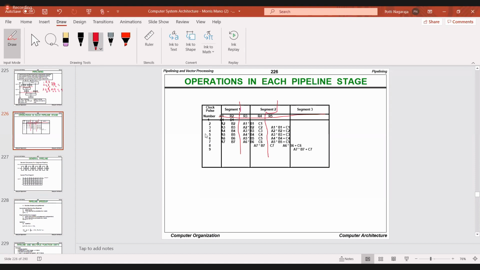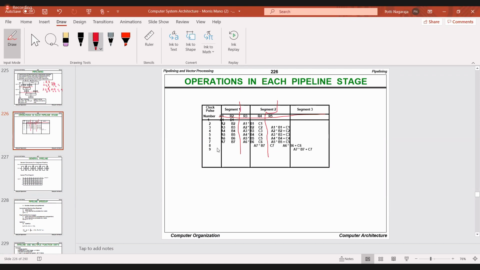Then for the fourth clock pulse, everyone take paper and do it, it will be understood automatically. Fourth clock pulse has A4 B4, and here A3 B3 C3, and you will get A2 into B2 plus C2. Then fifth has A5 B5, A4 into B4, C4, then A3 into B3 plus C3. Then sixth, A4 into B4 plus C4. Then seventh, A7 B7, A6 into B6, then C6, A5 into B5 plus C5.